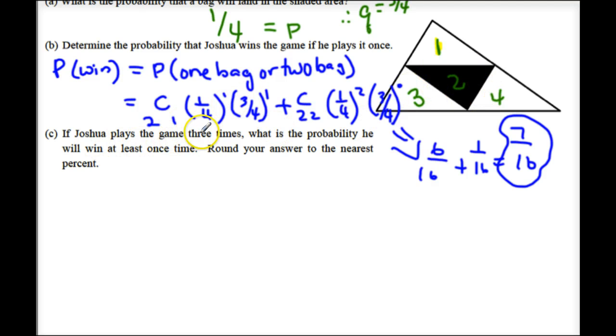If Joshua plays the game 3 times, what is the probability he will win at least once? Round your answer to the nearest percent.